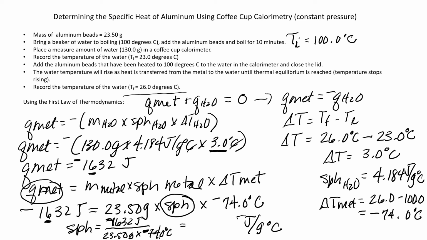If you get a negative, you have a sign problem somewhere. And this math works out to be 0.938. We're restricted to 2 sig figs, so this rounds to 0.94 joules per gram degrees Celsius.